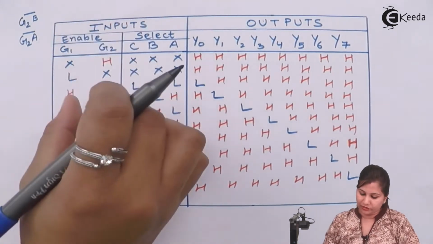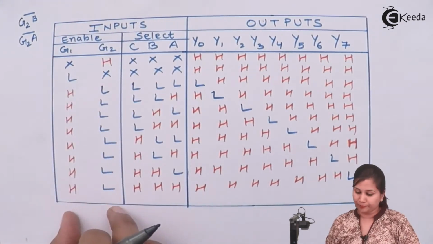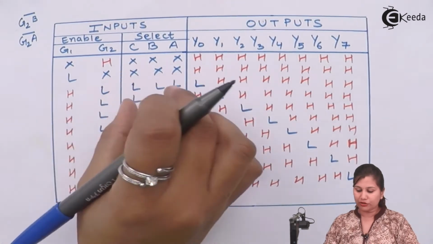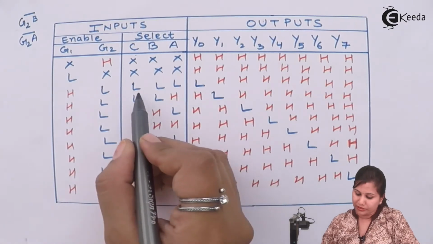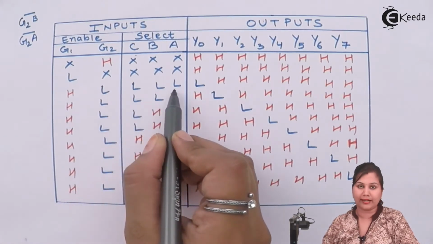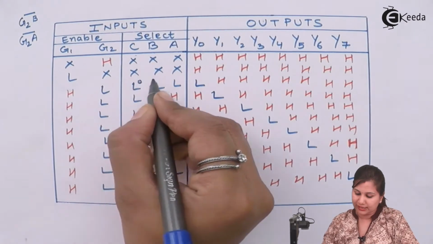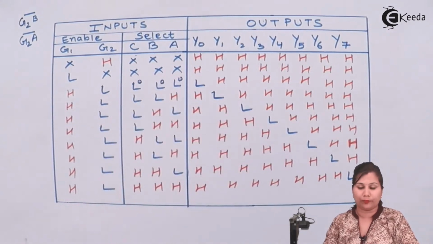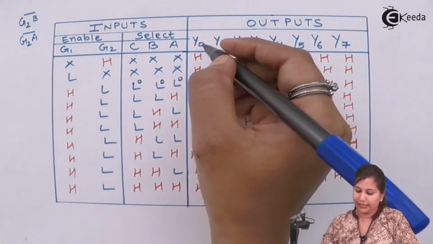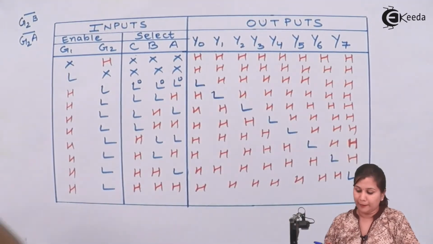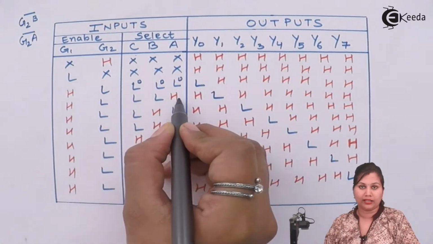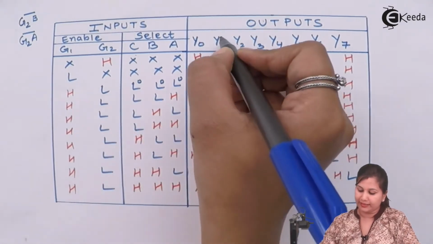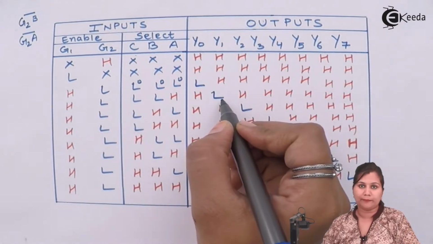So here we are giving the combinations. Now we will take each of the combinations of the 3 input lines A, B, C. First we are taking low, low and low. It means we are giving 0, 0 and 0. So 0, 0, 0 is the input, and the output line Y0 will be activated, meaning it will be low. If we have 0, 0, 1, that is low, low and high, then the first output line will be activated.